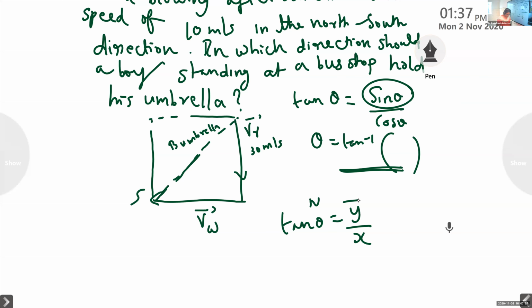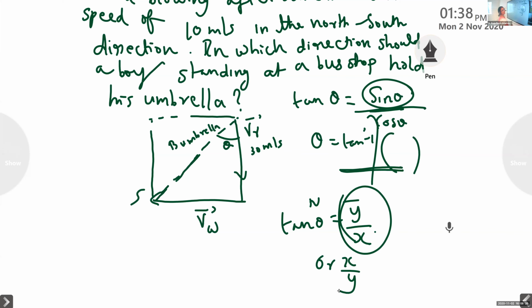Sometimes I give y by x, sometimes x by y, depending upon the angle.